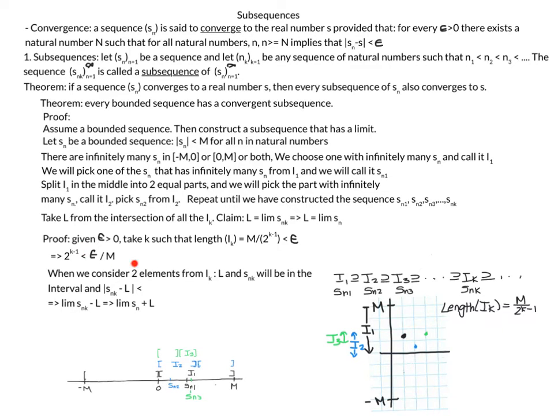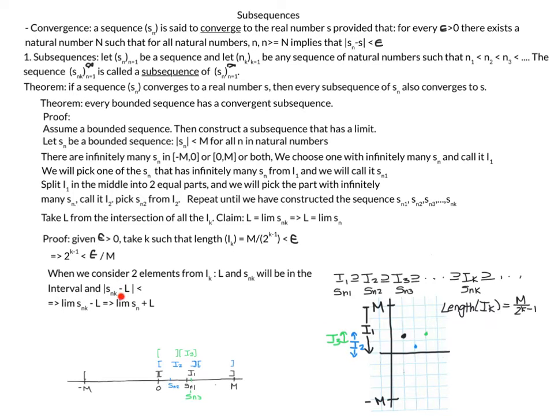But now when we consider two elements from I_k, the limit L, which is in I_k because that's how we found L, as we took it from the intersection, and then any other element of the subsequence, S_nk, is going to be in the interval.